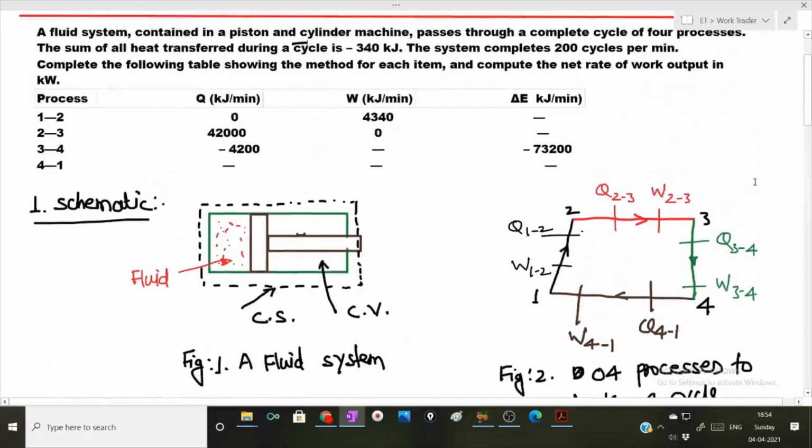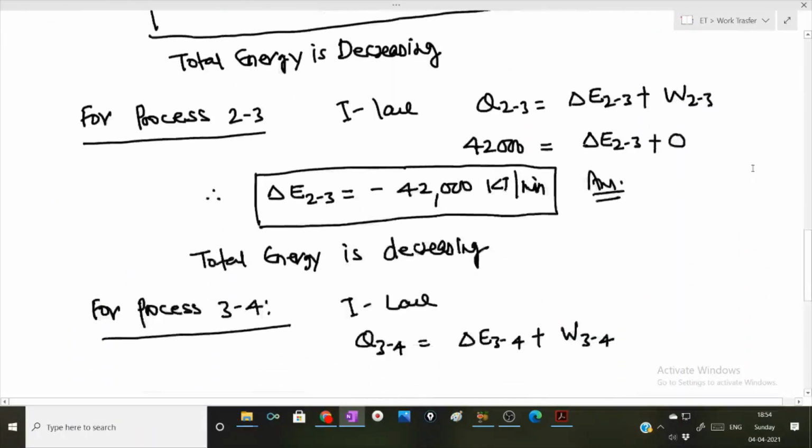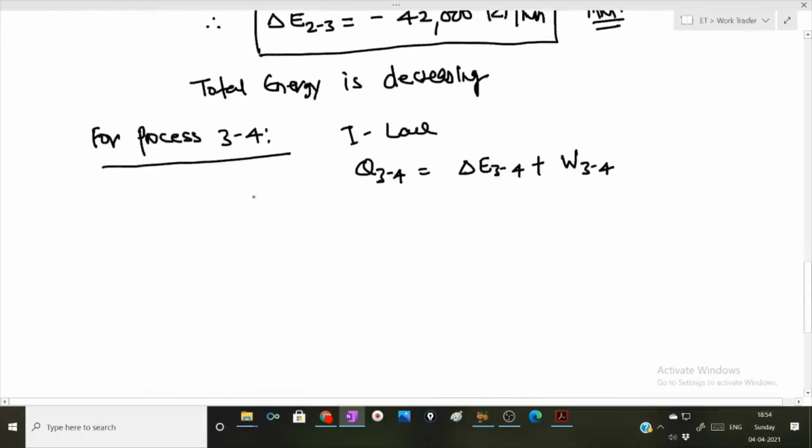Q is minus 4200, W value is to be calculated, and delta E is minus 73200. So putting all the required values as given in the table for process 3 to 4, Q34 is minus 4200 kilojoule per minute. Delta E34 is given as minus 73200 kilojoule per minute.